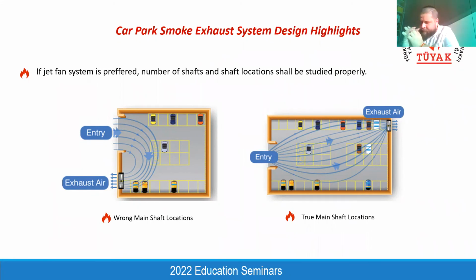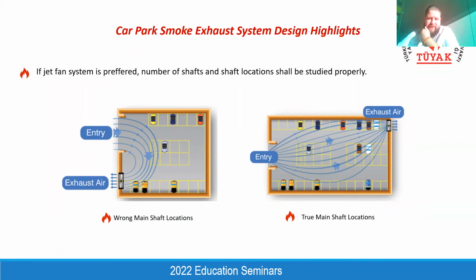These requirements will be given to you by the mechanical designer, but you need a minimum level of knowledge to understand and evaluate the mechanical engineer's requirements, because you have to optimize the number and location of shafts.